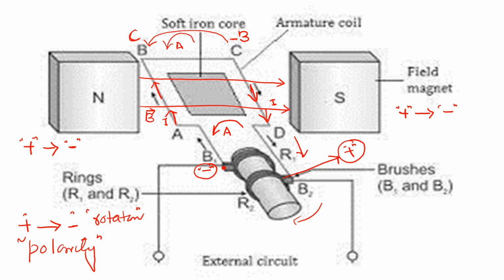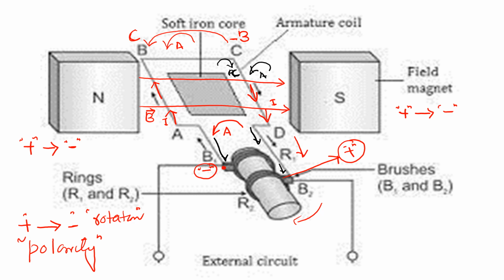Keep in mind that the copper wires are connected or fixed with the slip rings, and these are welded, so they will be fixed. Just their position, with anti-clockwise rotation or clockwise rotation, with respect to the magnetic field will change, and due to the change in position, there will be fluctuation of the flow of current.